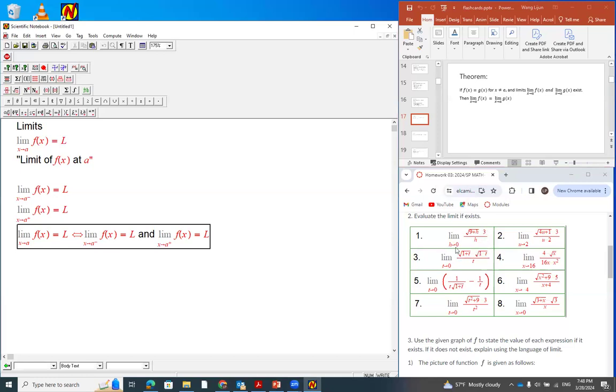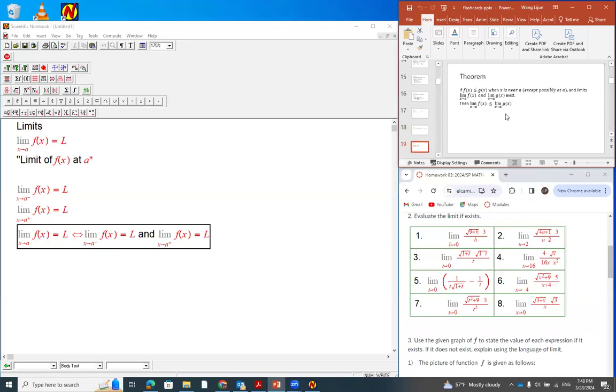For example, in one of these questions, after we reduce them, we will be able to use this theorem. So this theorem was also used a lot. And of course, this is the same theorem on sided limits.